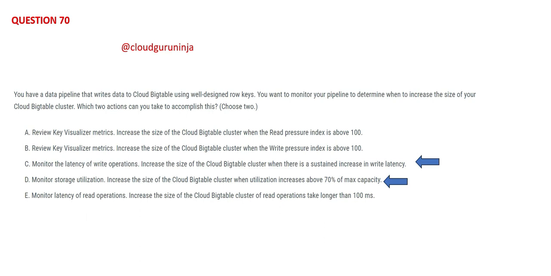Write is a problem. So let us lock option C and D. C is saying I will monitor the write operation so that if more water flows, I will increase my storage space. D says, boss, if 70% of threshold is passed, that time I will alert and say, boss, replace the bucket with a tank.